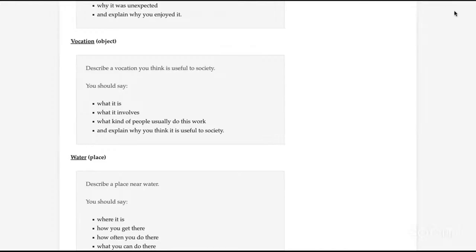So I would like to tell you about a vocation that I think is very beneficial for society, and especially my own country. I think there is a big need for technology experts like engineers and IT specialists.